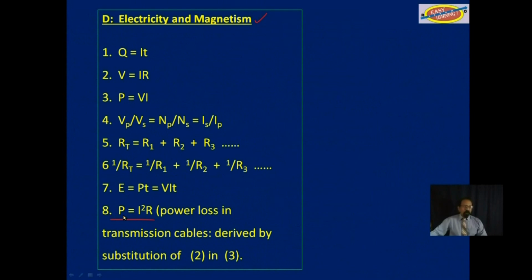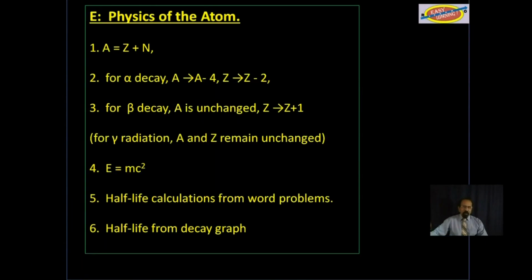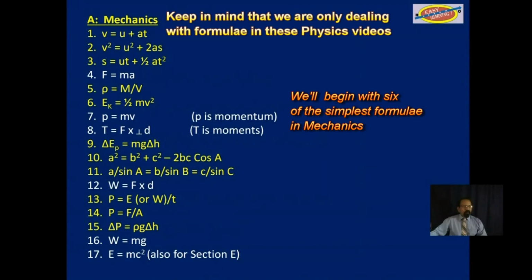Really, we have 7 formulae since this last one is actually a combination of those 2. And for atomic physics, there are a few formulae, including atomic number, and also we need to deal with some half-life decay calculations. So let's get back to mechanics.